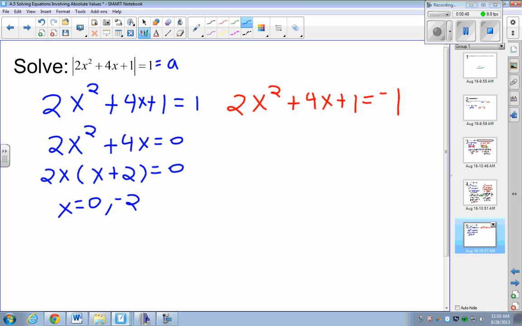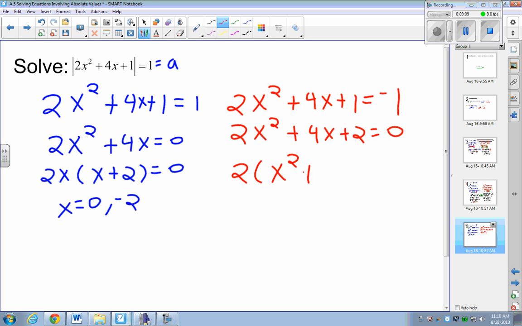All right, let's go ahead and solve the red one. So set it equal to 0. We get 2x squared plus 4x plus 2. We can factor a 2 out of this equation. So we get 2 times x squared plus 2x plus 1 equal to 0.